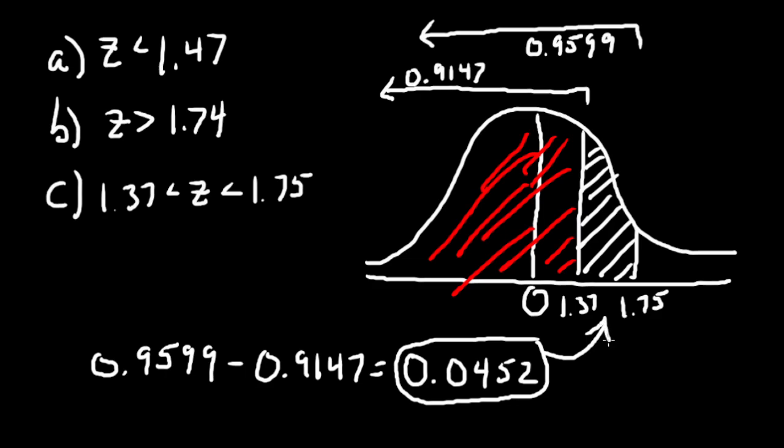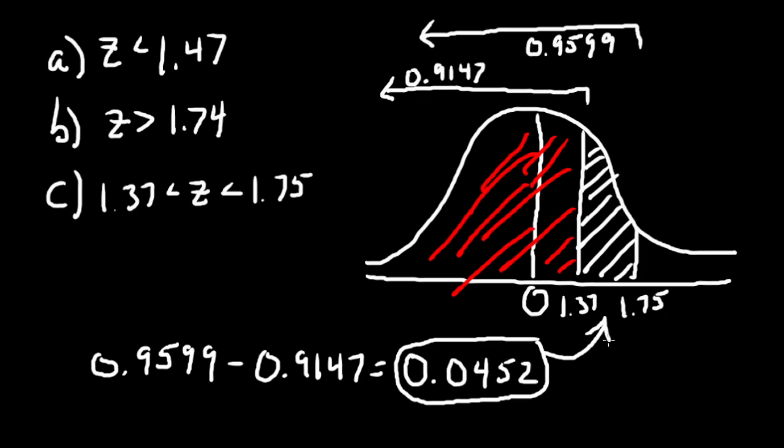Right? Okay. So really the 3 types of problems that you're going to have in all of this: you're going to have finding area to the left, which if you have a z-table like the one I was showing is very easy. You're going to have a problem like B, which is find the area to the right. In those cases, you have to do 1 minus the area that you find to get the area to the right.